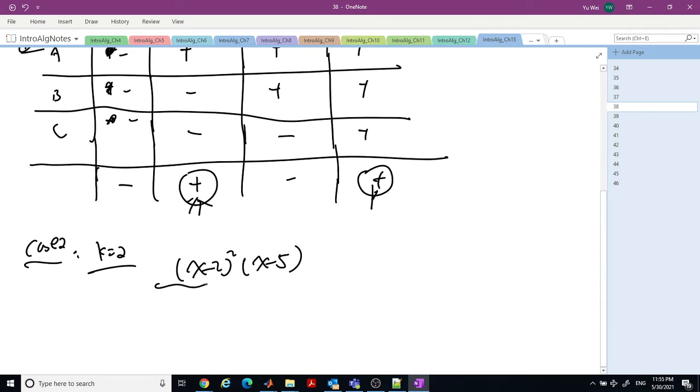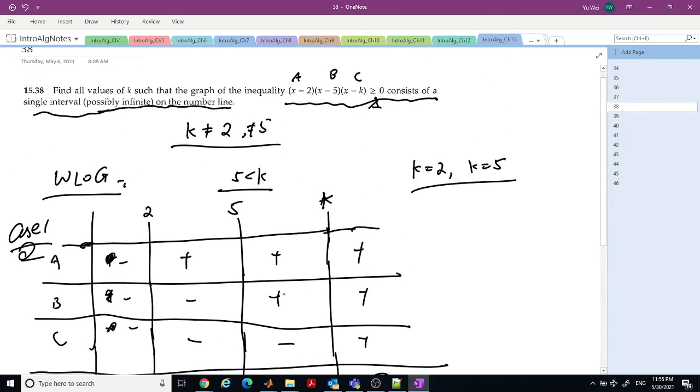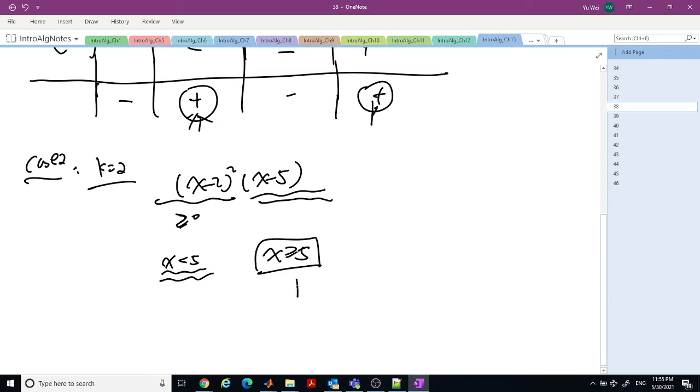We know the squared part is always greater than or equal to 0. Now if x is greater than or equal to 5, the product p is greater than or equal to 0. But if x is less than 5 and x equals 2, then p also equals 0.